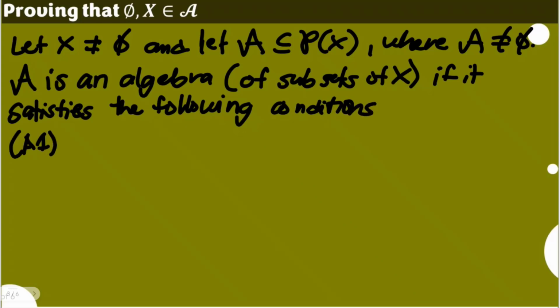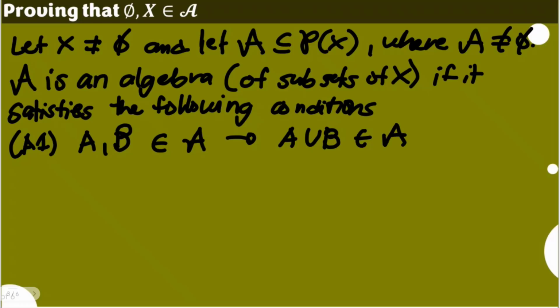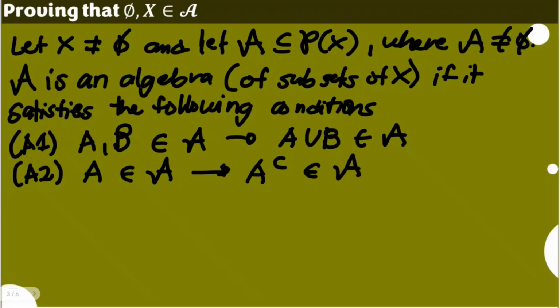A1, the first condition, is that if two sets A and B are elements of your script A, this implies that their union is also an element of script A. As mentioned, this is closed under finite unions. The second condition, A2, is that if your set A, since script A is not empty, is an element of script A, this implies that its complement is also an element of script A. So these two are already given by our definition.